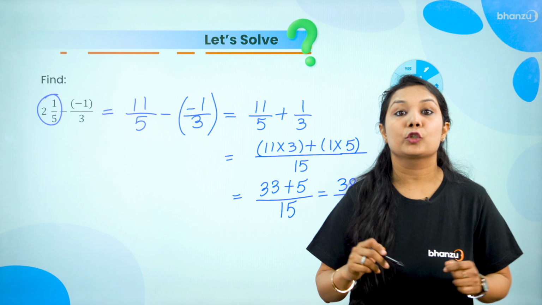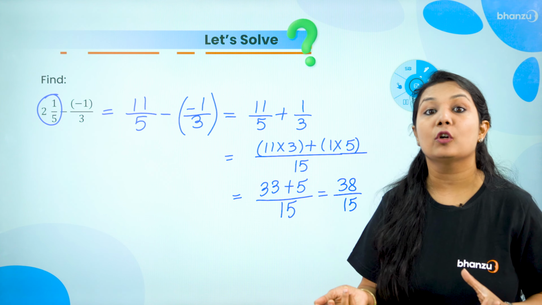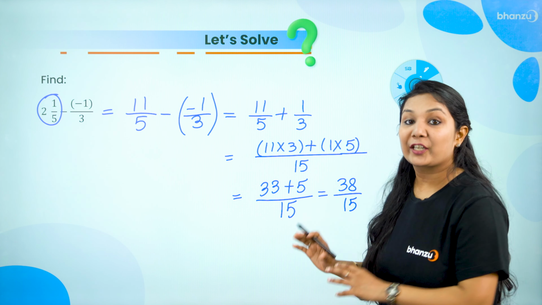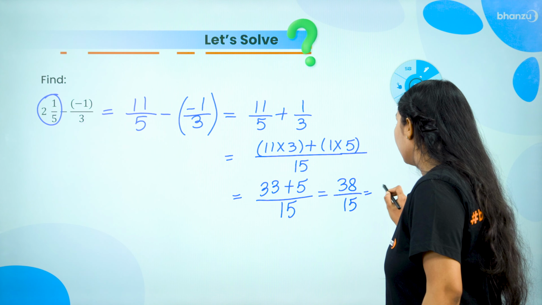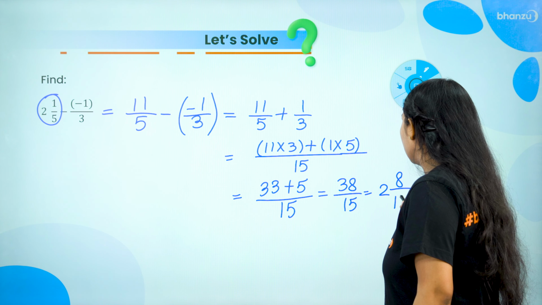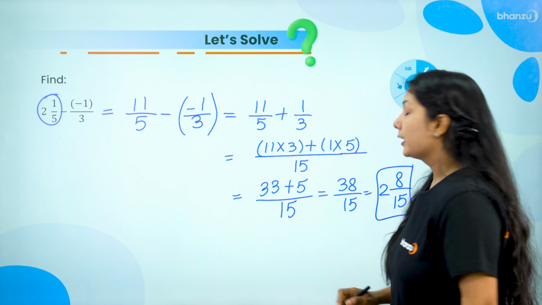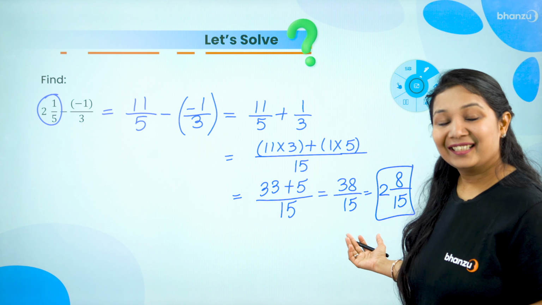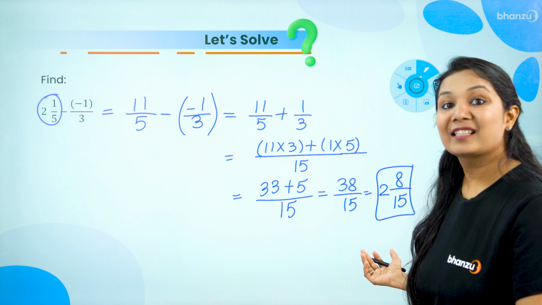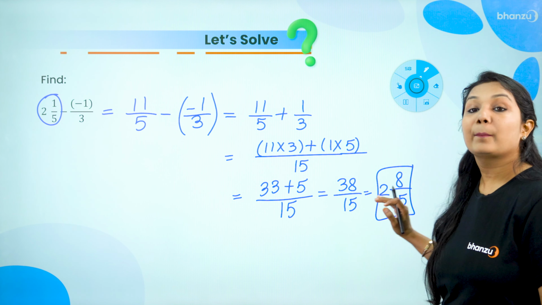Right? Since our question was in mixed fraction, we should convert this improper fraction which we got as the answer into a mixed fraction. So what do we get? We would get 2 and 8 by 15. So our final answer is 2 and 8 upon 15 over here. Right? So this is how we get the answer to the question for subtraction.